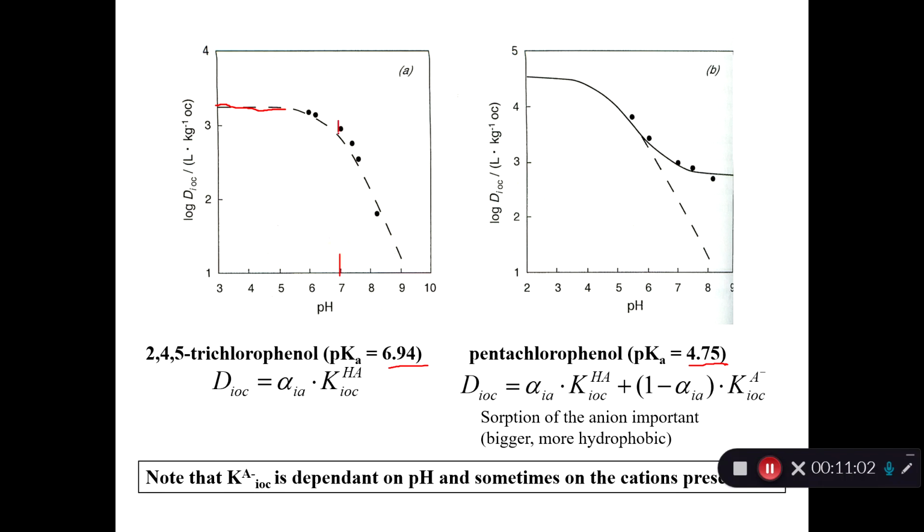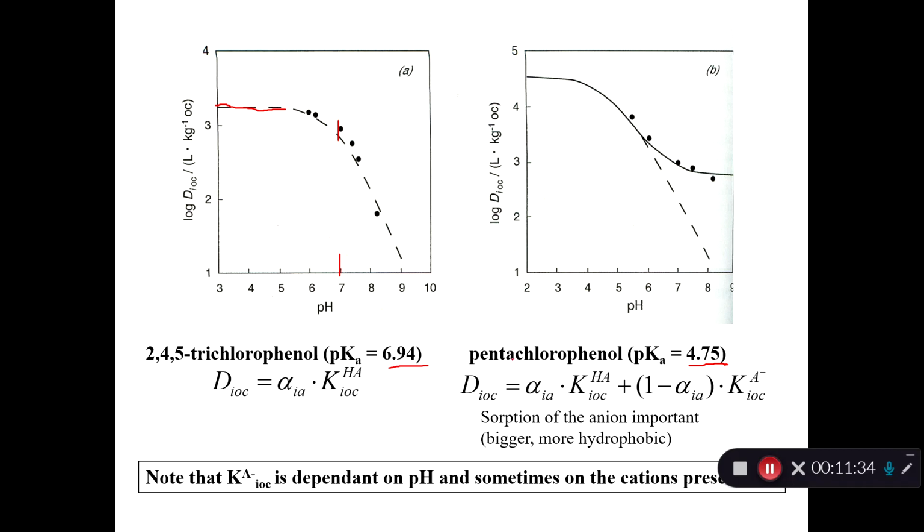As you approach the pKa, some of the compound starts to become deprotonated and negatively charged, and therefore it's not absorbing as well, so the overall absorption is plummeting as you get to more basic pHs, because more and more of the chemical is in the deprotonated and negatively charged form, and it's just not absorbing very effectively because it's negatively charged, and it doesn't really like to be around natural organic matter.